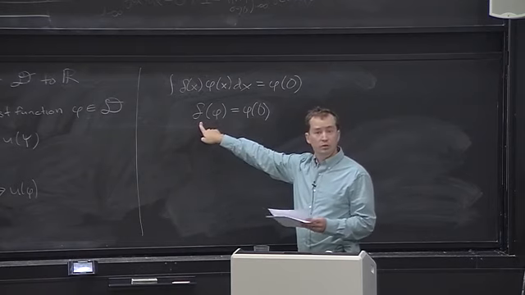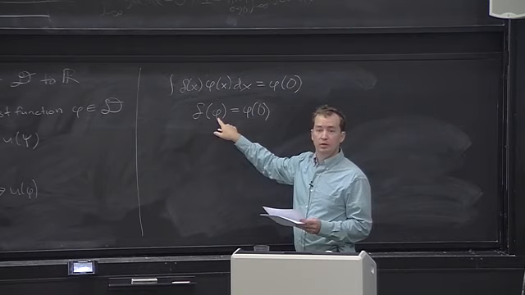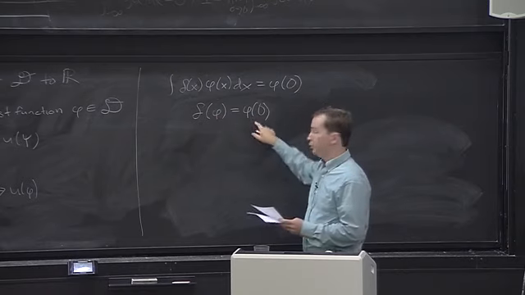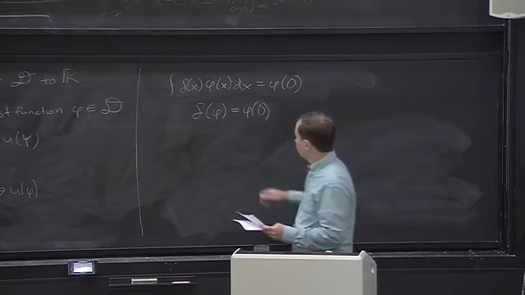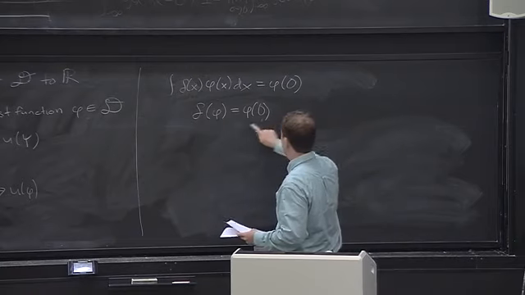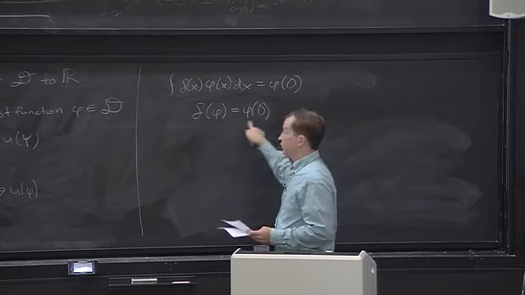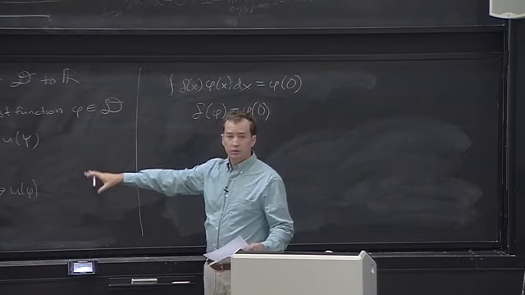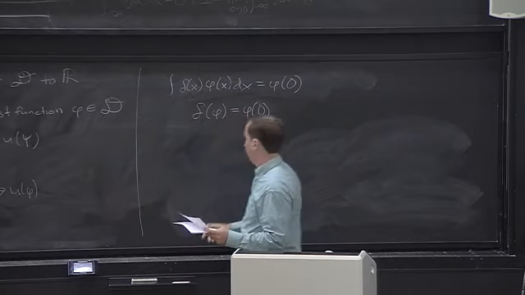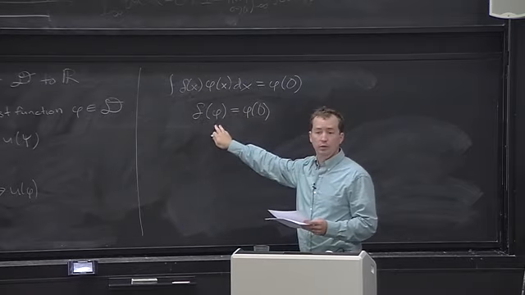So in this sense, delta is a functional. It takes an input, a function, and outputs a real number. So this is perhaps the most natural way to write it if we're thinking about distributions as functionals. And most of the time I'll be using this notation.